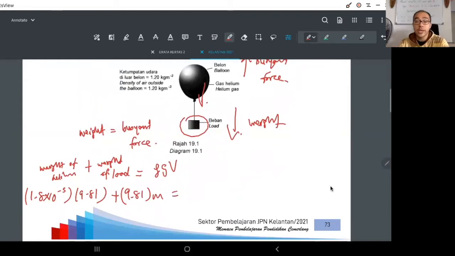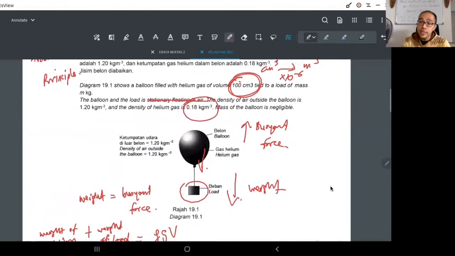Equals to, okay, density. Now this is the tricky thing. We don't use the density of the helium gas, because if you remember Archimedes' Principle, what is actually being displaced is the density of the air outside. So it's very important.